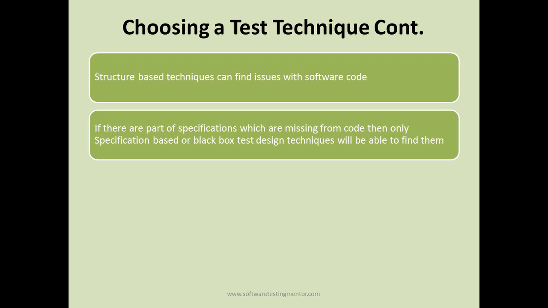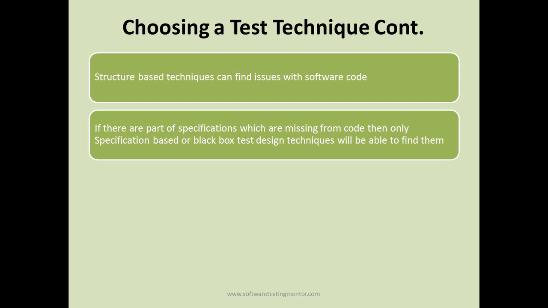So this gap you are able to find only because of the black box or specification based test design technique, because you had the specifications and the code that is delivered doesn't fulfill that specification.